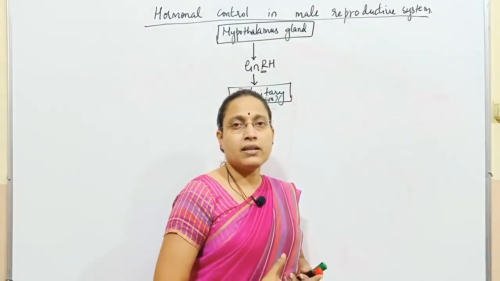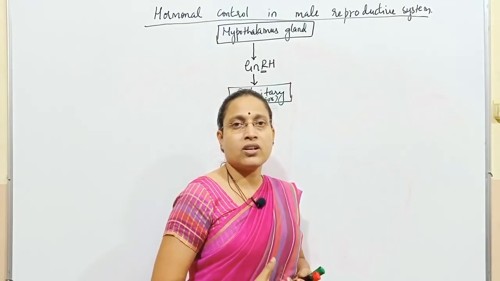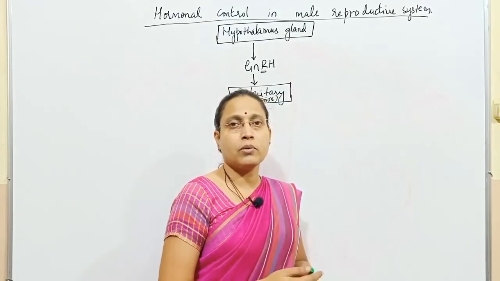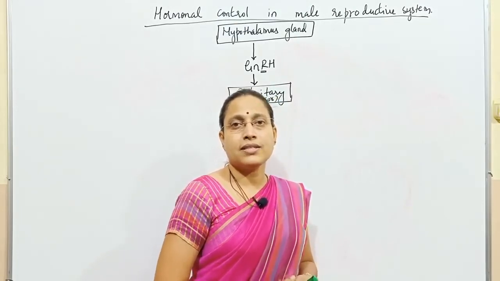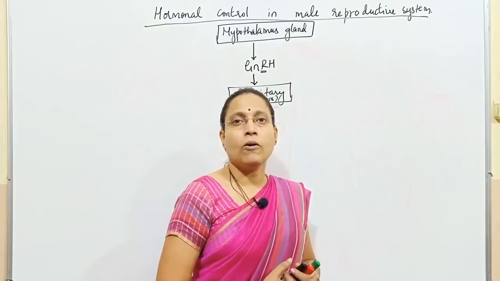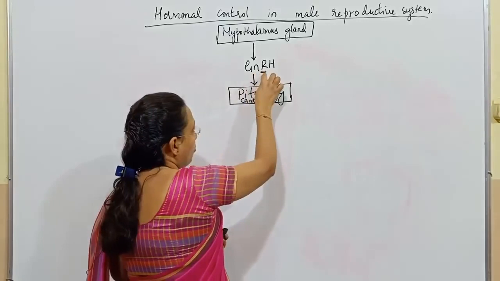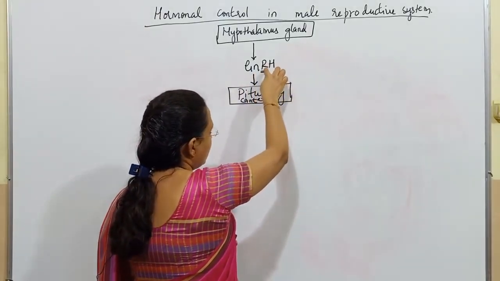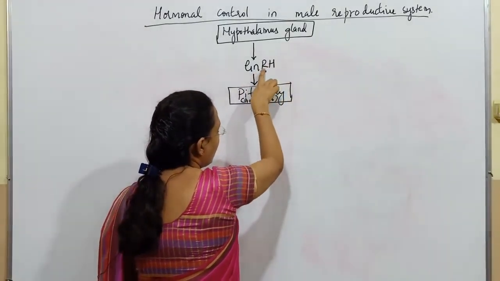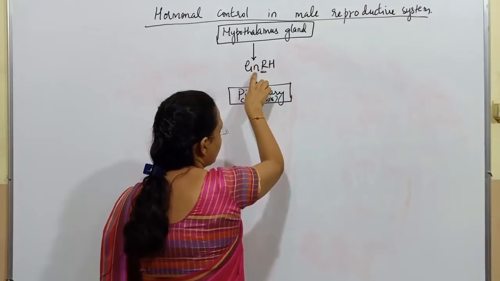This hormone stimulates specific cells present in the anterior pituitary that are meant for secreting gonadotropins. So gonadotropin releasing hormone will stimulate the pituitary to release gonadotropins.